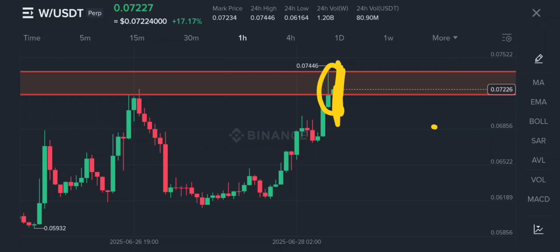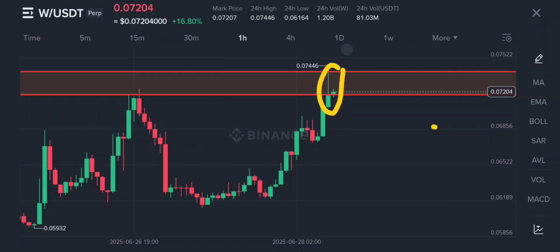This is hanging man, and this candle sometimes denotes maybe a pullback. Hanging man is always a pullback, so there's no reversal candle here yet.